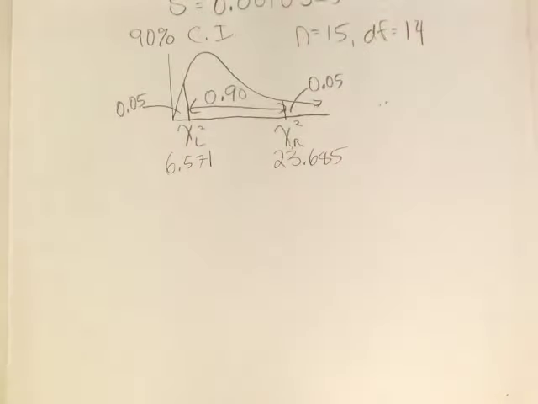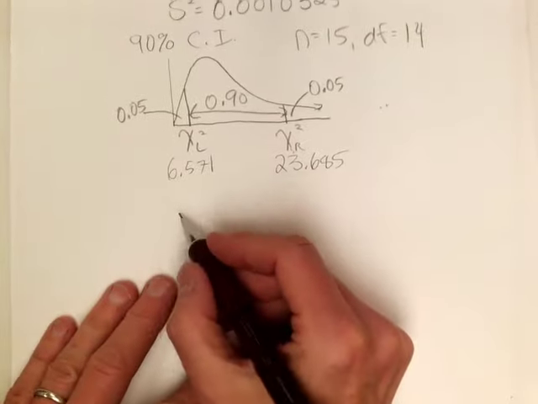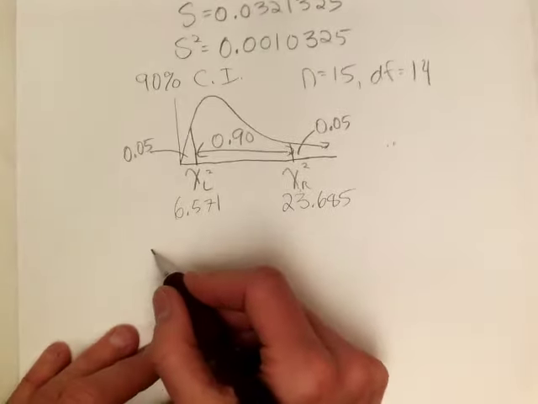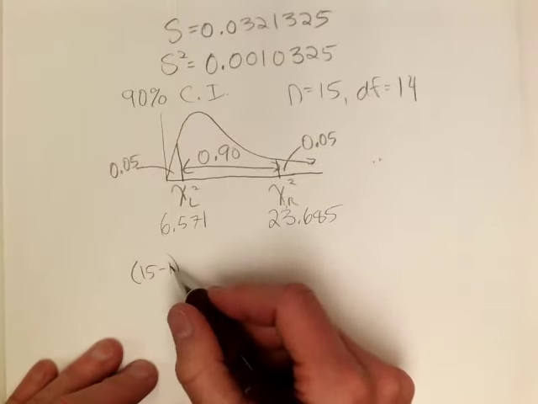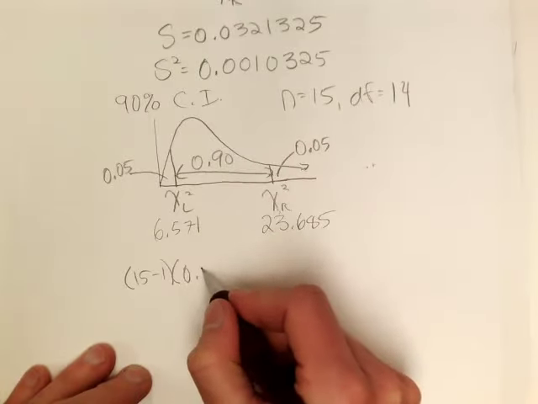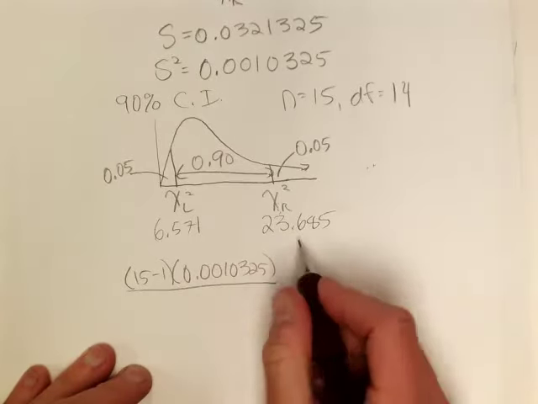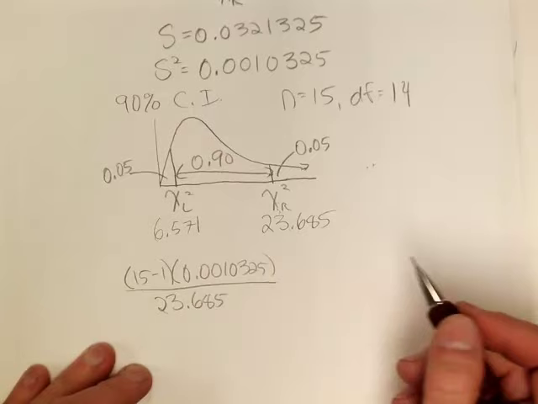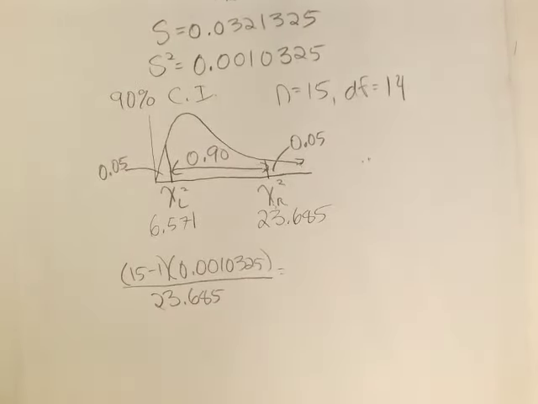All right, so now I have all the pieces to plug and check. Just using this formula right here, I'm going to go 15 minus 1 times our sample variance of 0.0010325 over this upper critical value, 23.685.